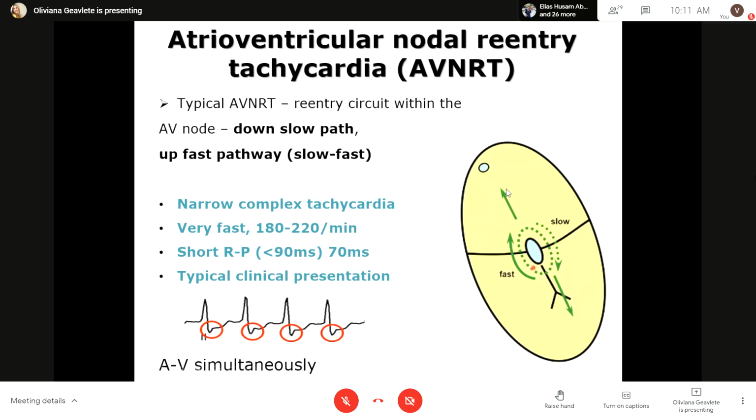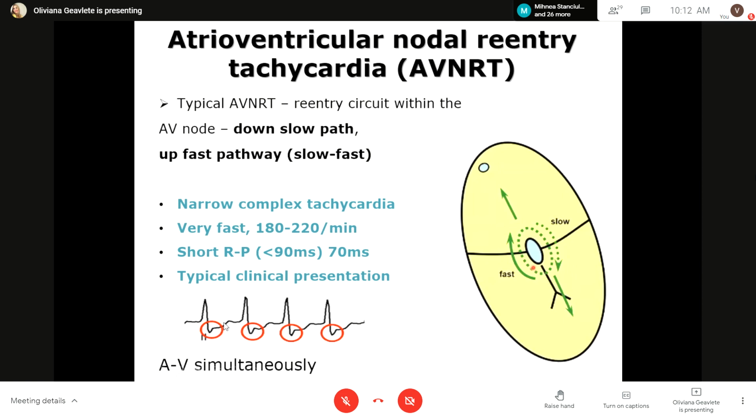So the activation of both atria and ventricle is almost simultaneous. This is why you get a P wave immediately after the QRS complex, or maybe buried in this QRS complex. Short RP, 90, 70, it doesn't matter, just take into consideration two squares.